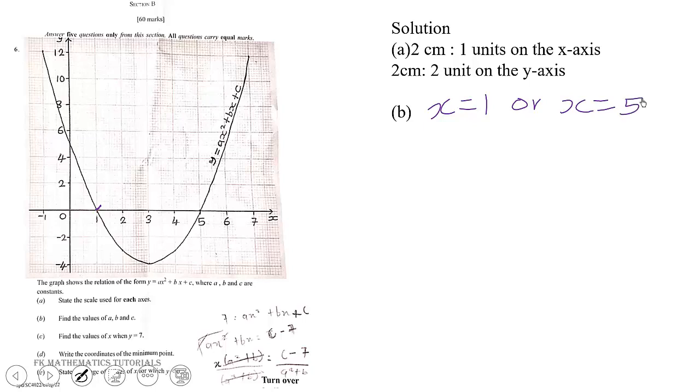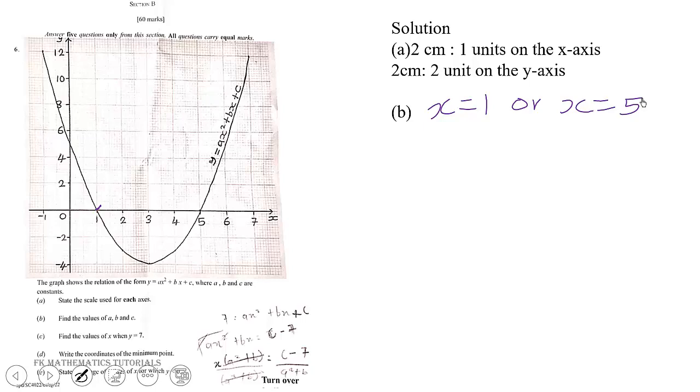The second one is x equals 5. It's like you solved a quadratic equation and got x equals 1 or x equals 5, and you are asked to work backwards to arrive at that quadratic equation. So how do you go about it?